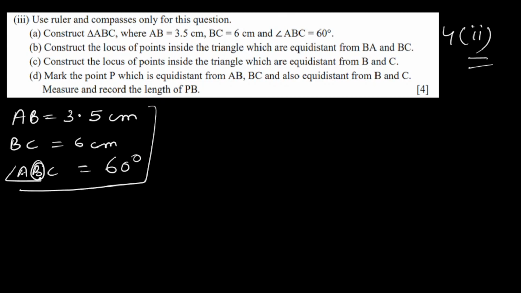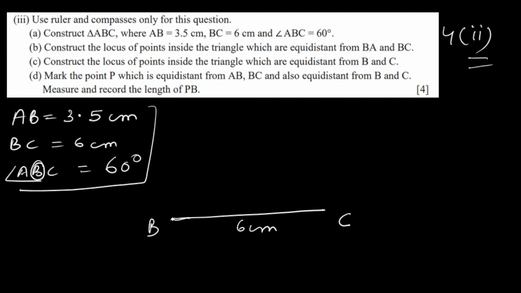Now, since angle B is given to us, we will take the base as BC. First of all, I am going to draw a rough sketch and show you what we have to do. BC we have to consider as the base because angle B is given to us. First we draw BC 6 centimeters.